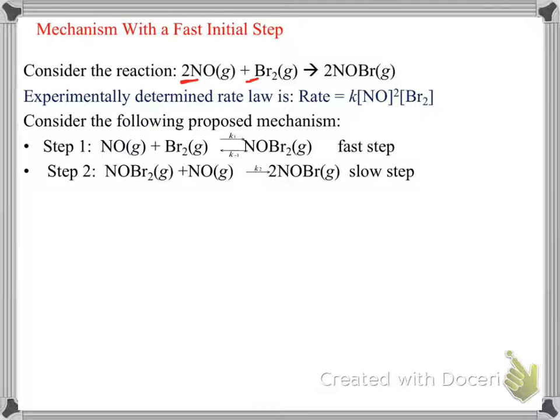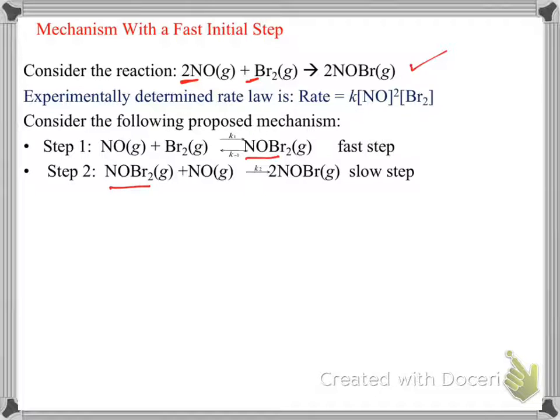Now, the proposed mechanism for this reaction is step 1, where NO plus Br2 reacts to form NOBr2, and it's a reversible reaction, and step 2 is NOBr2 reacting with NO to form NOBr, and it's a slow step. There is an intermediate here, which is NOBr2. Look, that's not even in the reaction.